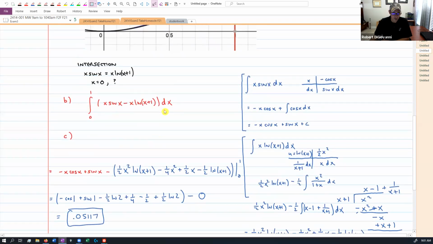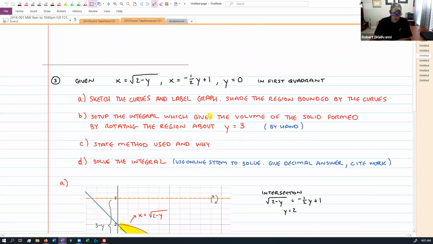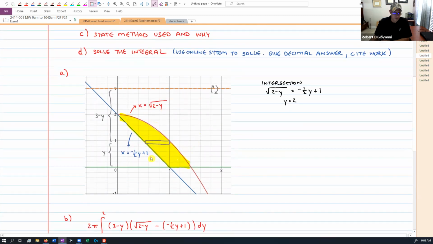And then the actual integration on this one was integration by parts twice. Well, each one of them required integration by parts. And then, yeah, it got a little messy, but you should have got a decimal answer there, 0.05117.